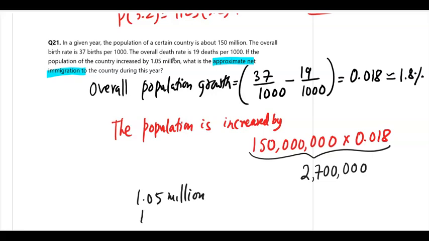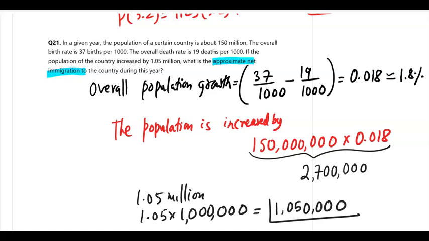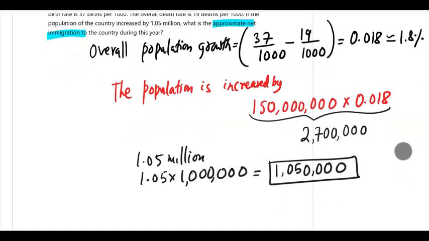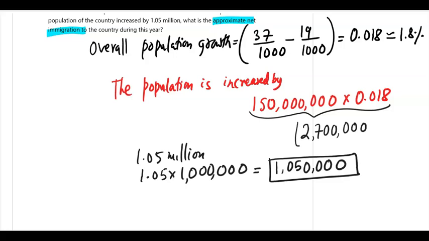If you write this as a whole number, you get 1.05 times million, that gives you 1,050,000. So this is the exact number the population increased by, and the other is the increase given by the birth and death rates. If you subtract these two numbers, you get net immigration.